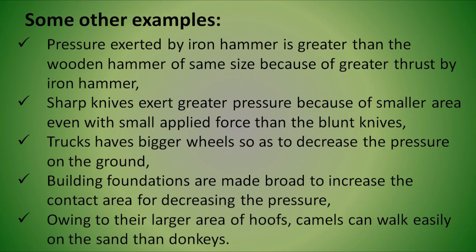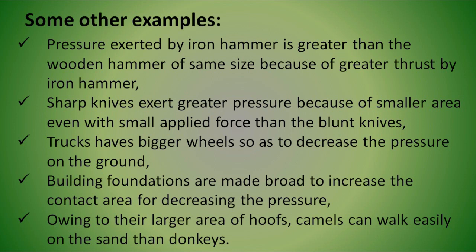Pressure exerted by an iron hammer is greater than the wooden hammer of the same size because of greater thrust by the iron hammer. Sharp knives exert greater pressure because of smaller area even with small applied force than the blunt knives. Trucks have bigger wheels so as to decrease the pressure on the ground.